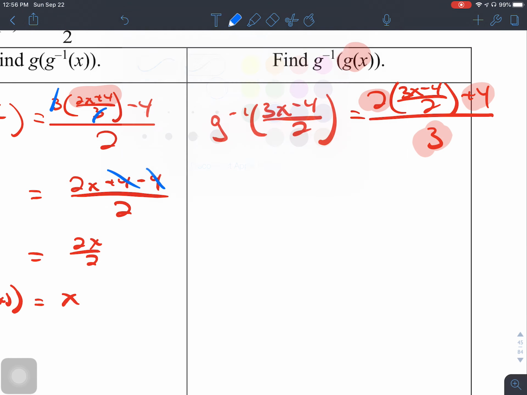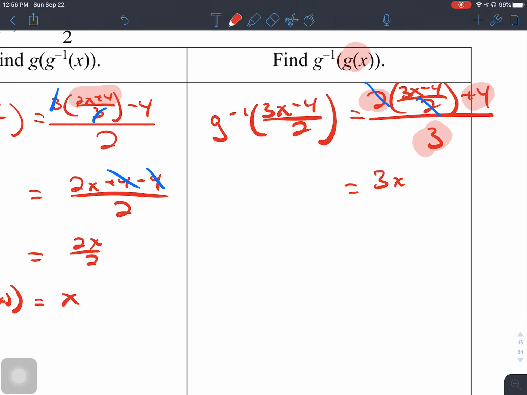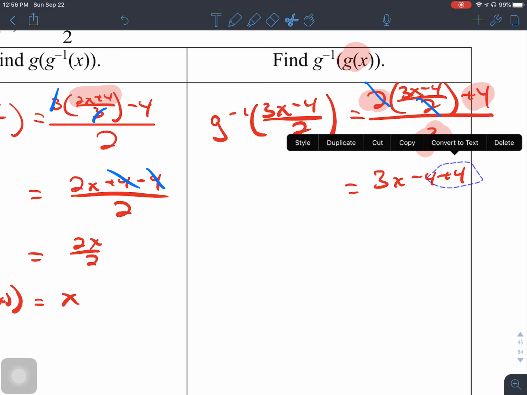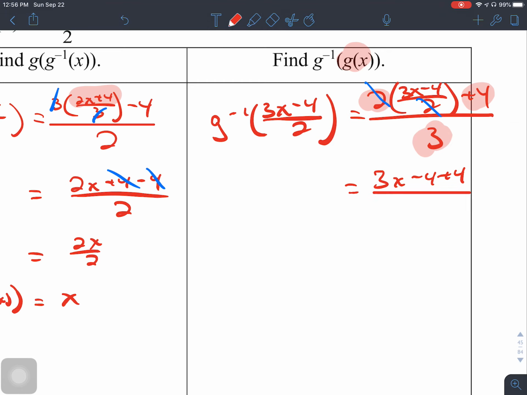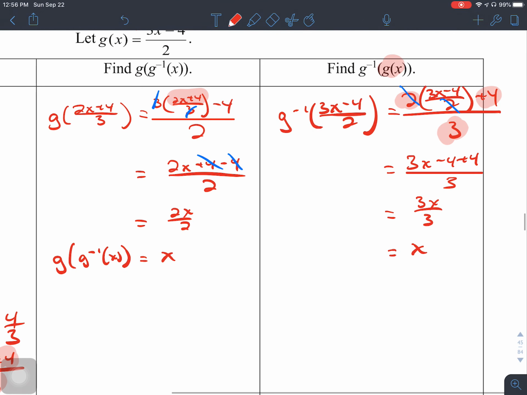Similarly to the last problem, multiplying and dividing by the same number, inverse operations, they cancel. So we get 3x minus 4 plus 4, and that's being divided by 3. Plus and minus 4's cancel. We get 3x over 3. That's going to give us x.